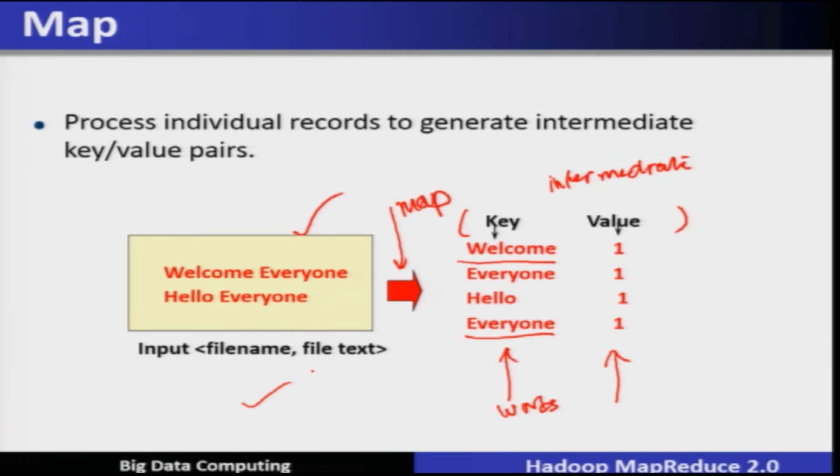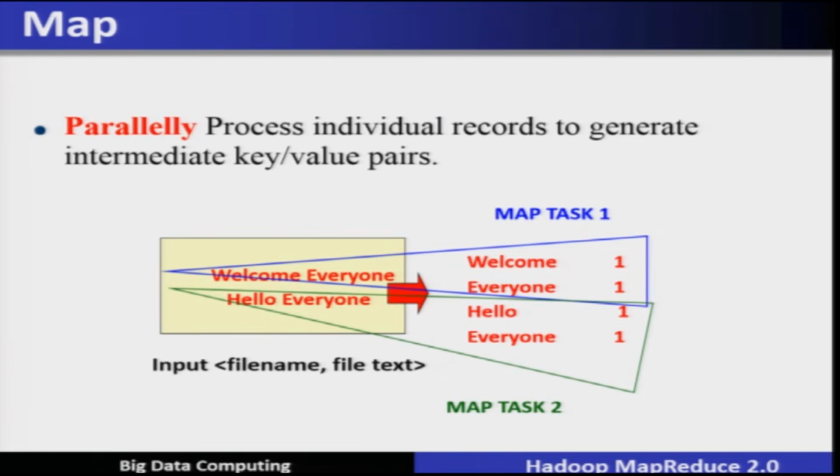For example, in line number 1, welcome appears once, so it gives 1. Similarly, in line number 1, everyone is also available only once. In the second line, hello appears once, and everyone appears again. This key value output emitted by map is further used by the reduce function.